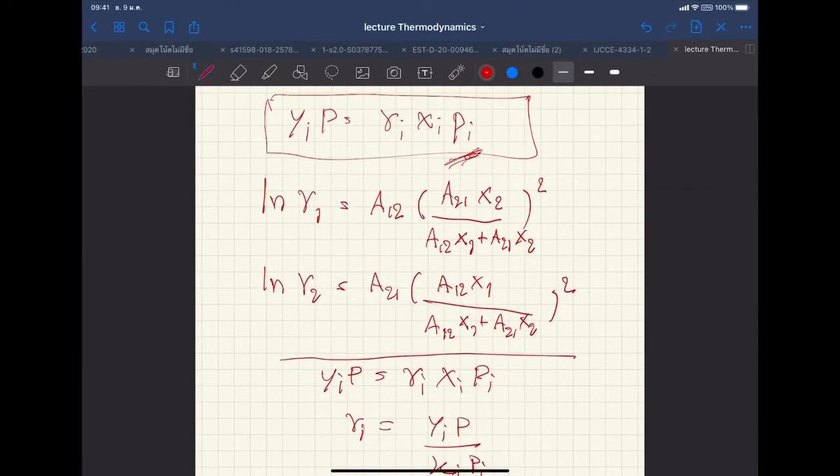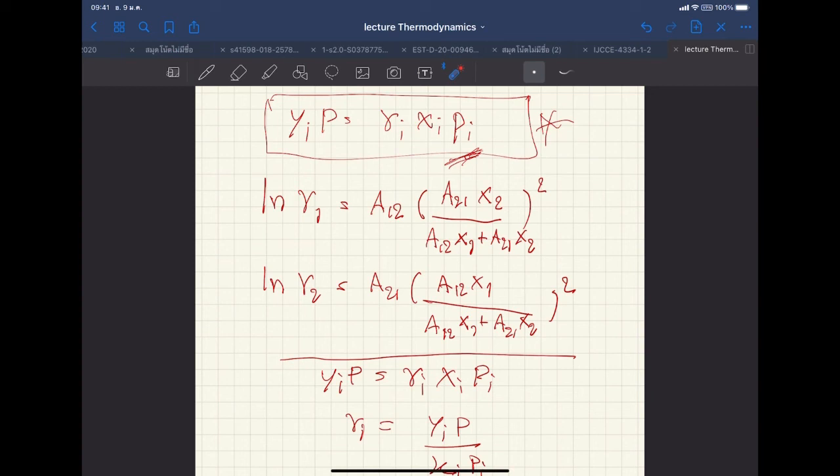From this expression, because we know the mole fraction of our liquid phase, xi, by using an activity coefficient model we can calculate gamma i, the activity coefficient.